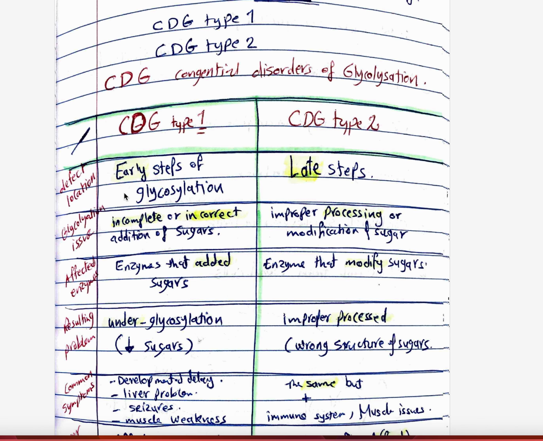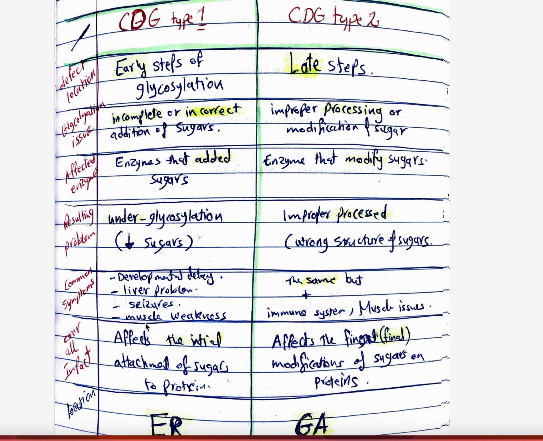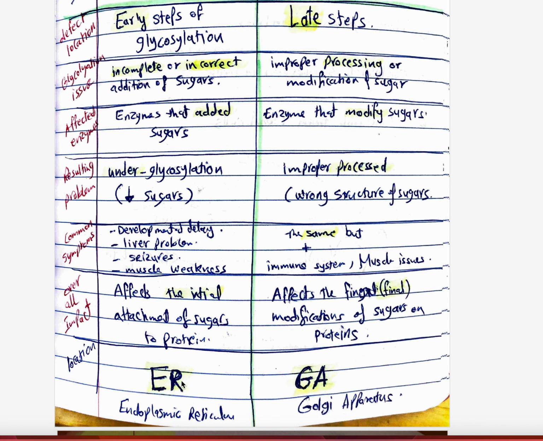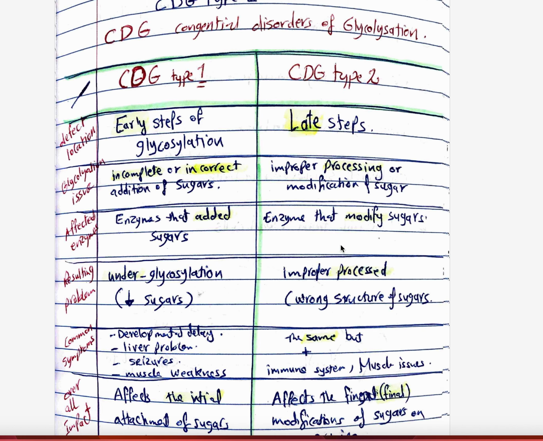Type 1 affects the early steps of glycosylation, with incomplete or incorrect addition of sugars. The enzymes that add the sugars are affected, so the sugars are decreased. This leads to developmental delay, liver problems, seizures, and muscle weakness. It affects the initial attachment of the sugar to proteins, in the endoplasmic reticulum.